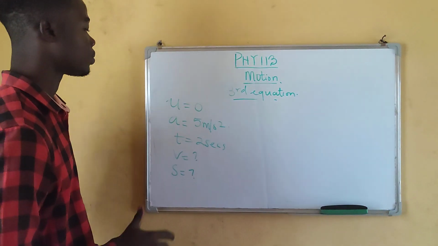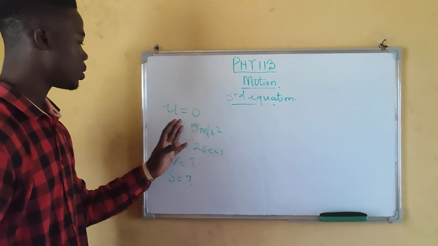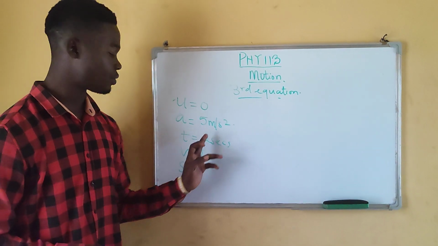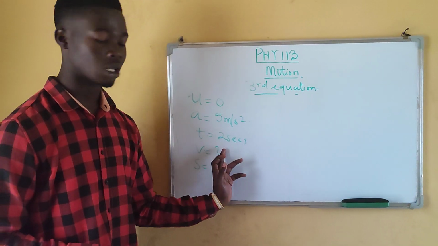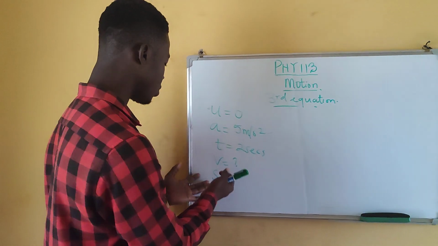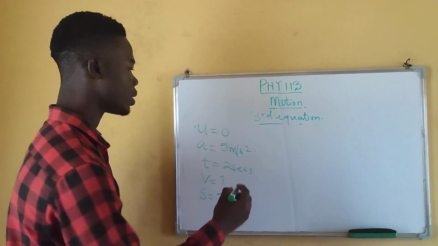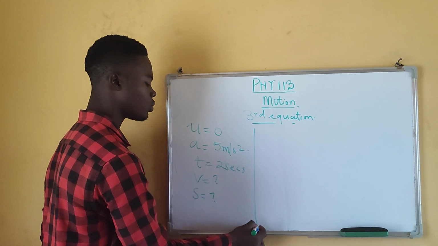Now, in this question, we have your u to be 0, you have your acceleration to be 5, you have your time to be 2 seconds, you have your final velocity to be unknown, and likewise, you have your distance to be unknown.